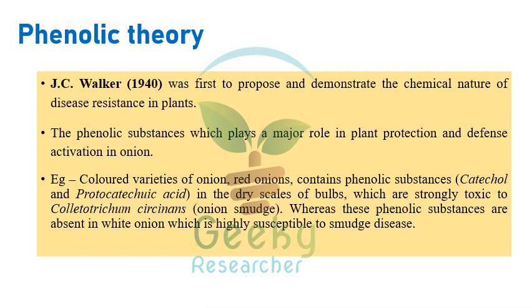Due to the presence of these phenolic compounds, red onions are highly resistant to onion smudge disease compared to white onions. They will ask questions like this: onion smudge is caused by Colletotrichum circinans, or what are the two phenolic compounds present in red onion that let it withstand onion smudge disease? Catechol and protocatechuic acid.